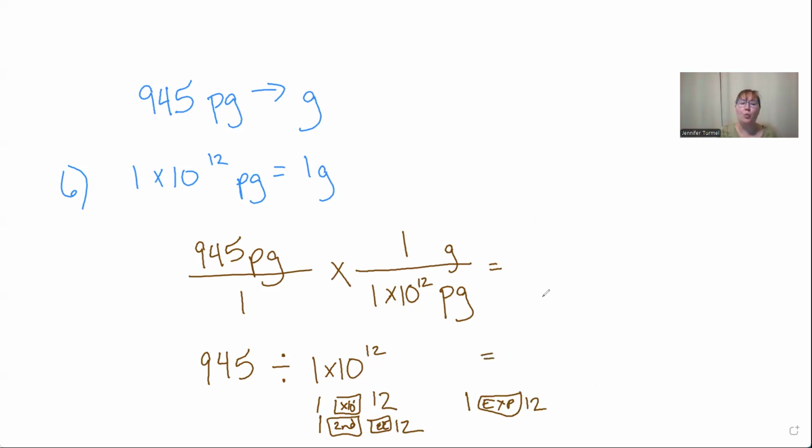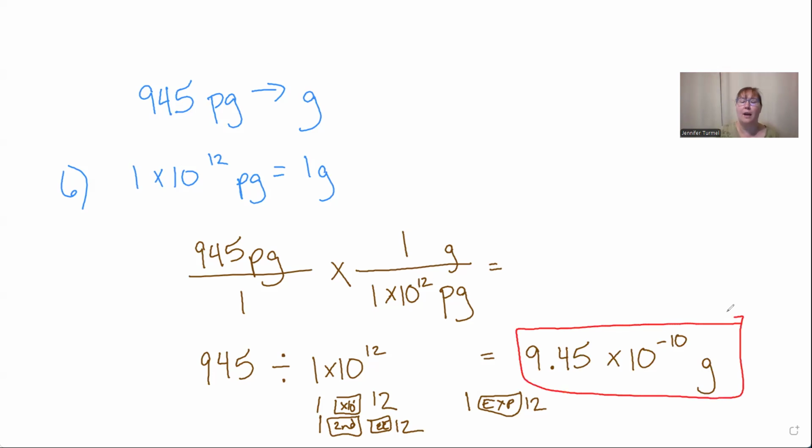Again, if you're working this and you don't get what I get, then please make sure that you let me know. All right, and so this becomes 9.45 times 10 to the negative 10th, and your units are grams. And that's how you know that you are done. You need correct units as well.